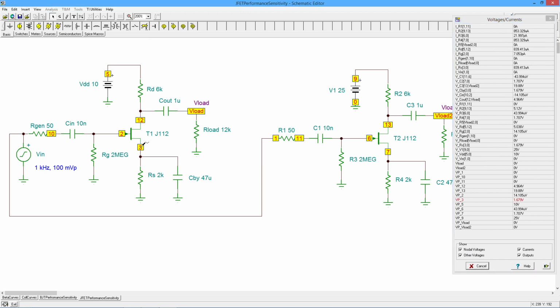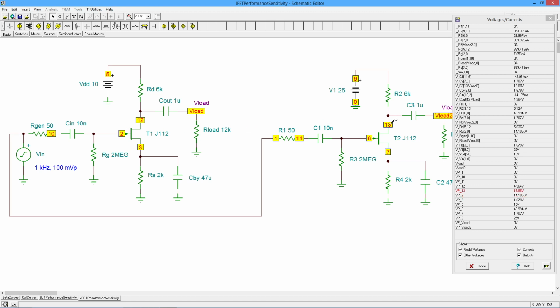If I come out on the source, first one's giving us 1.679, and the second one is getting us 1.70. So, virtually the same. Check out the gates. They should be around 0 volts. I'm getting about 44 micro on that one, and 14 micro on that one. So they're tiny, okay?